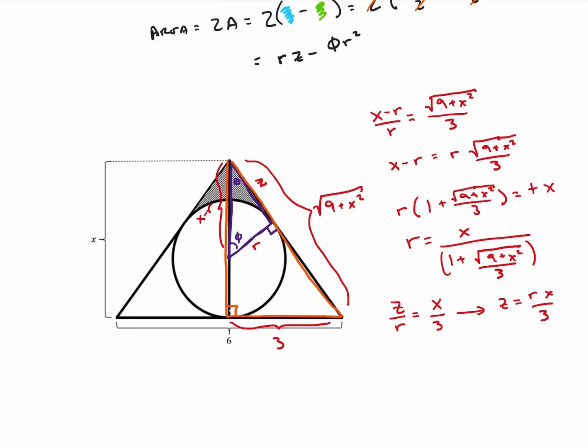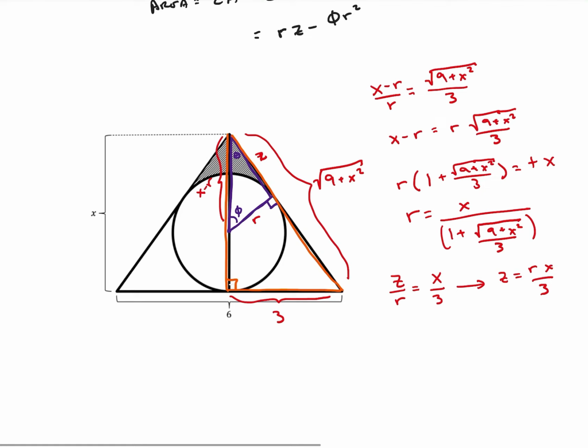So this is great. The last thing I need is an expression for my angle phi. So my angle phi, looking at my overall triangle, from the similar triangles again, I can see that this angle down here in the bottom right is also going to be an angle phi.